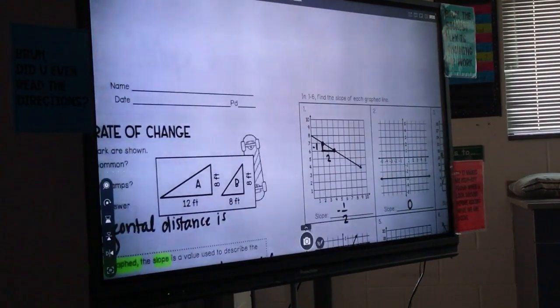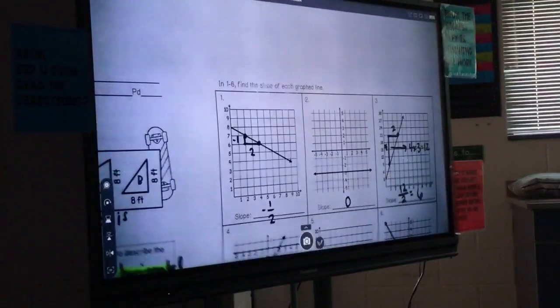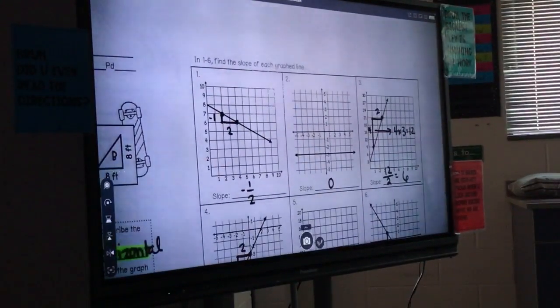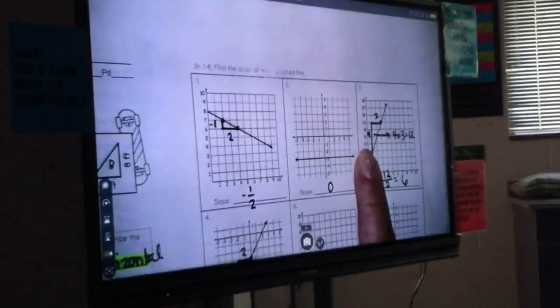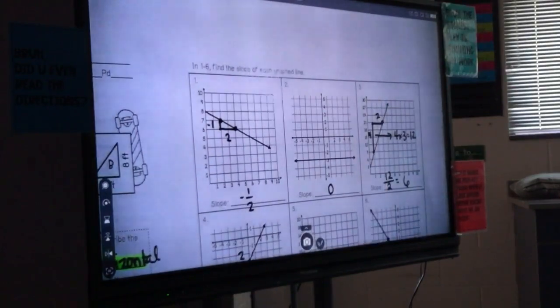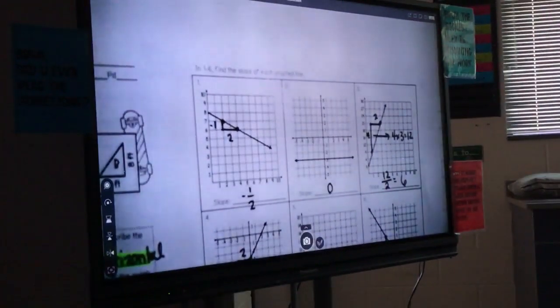No. Why is it not 3? What do you have to be careful with on this graph? The y-axis. It increases by 3. So technically your rise over run is 4 over 2, but you have to multiply your 4 times 3, which gives you 12 over 2, which becomes 6.